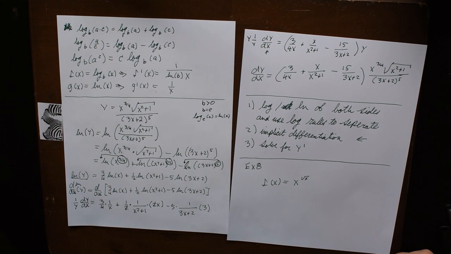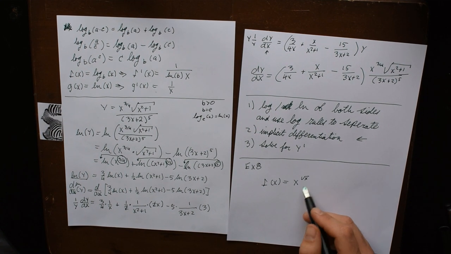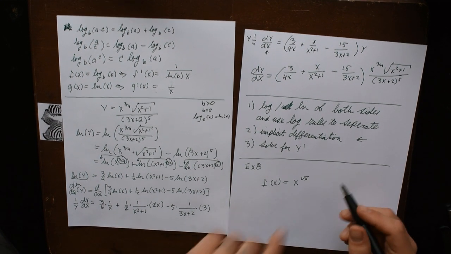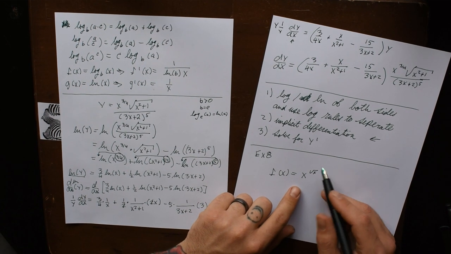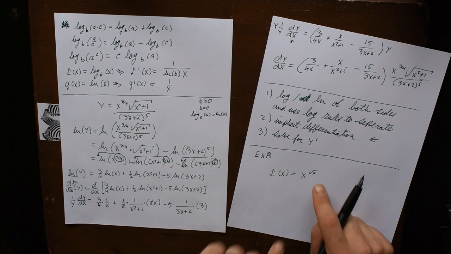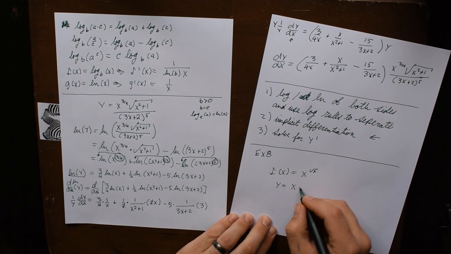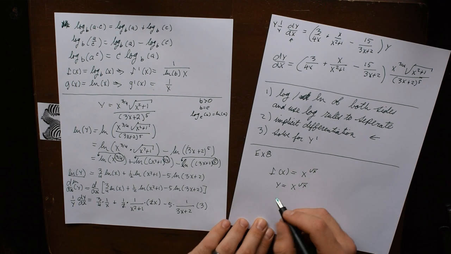So, this is what we have. If we're trying to take the derivative of this, we don't have anything that allows us to kind of tackle functions of this form.